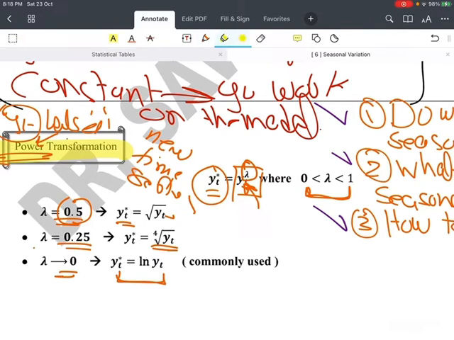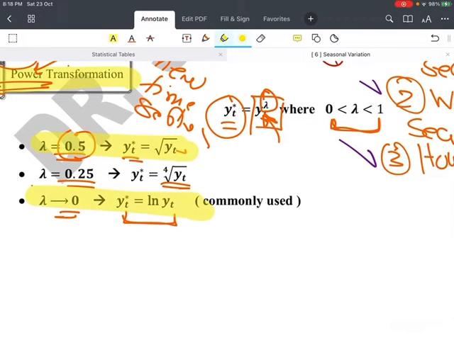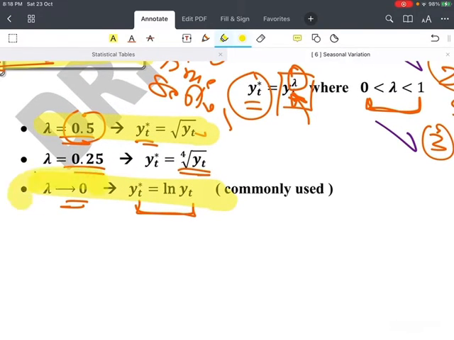You will see that these are commonly used. Okay, you will use them a lot. Then here we said that lambda equal to 0 is approximately.